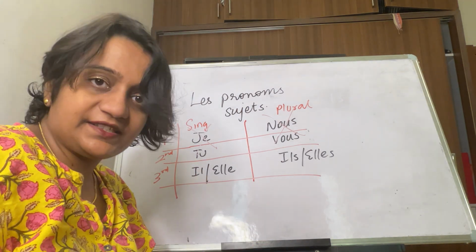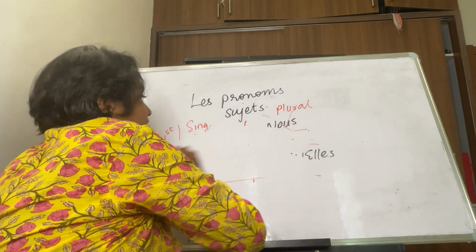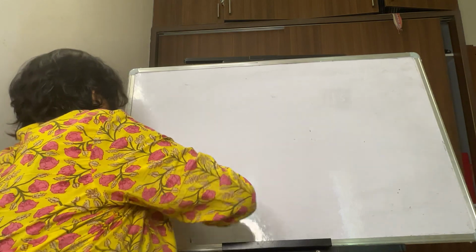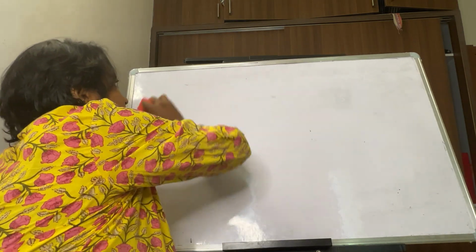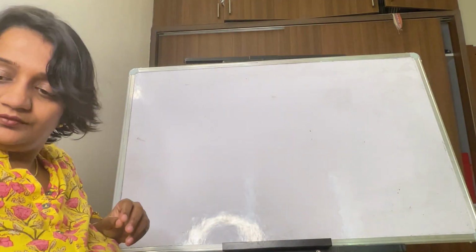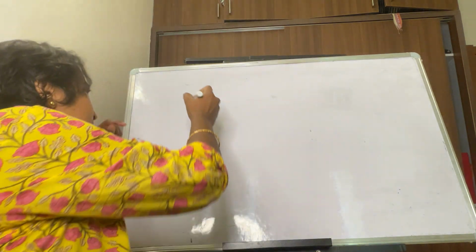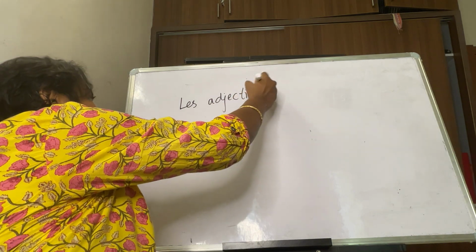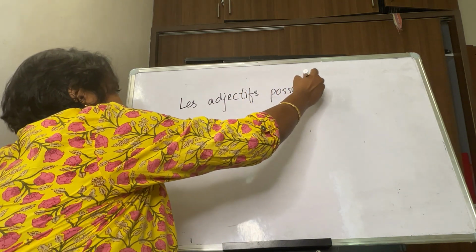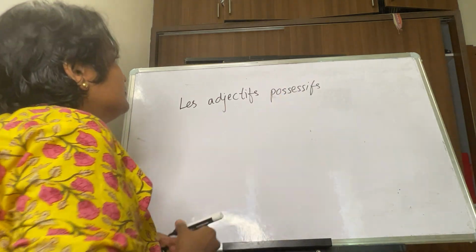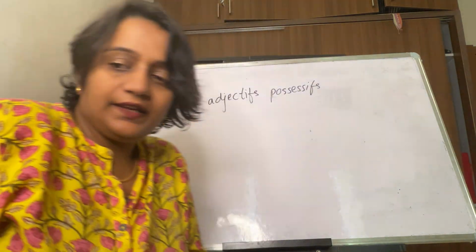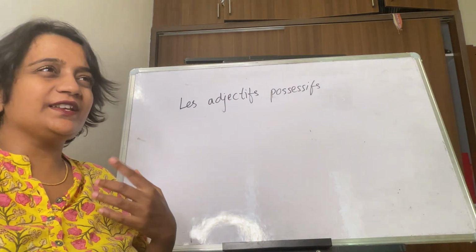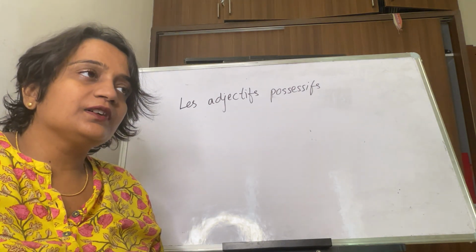It is adjective possessive. Okay, so this adjective possessive, like I told you, is talking about... We saw the example of I love his books.